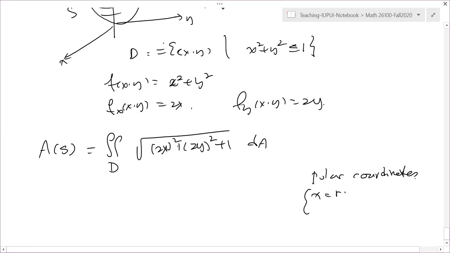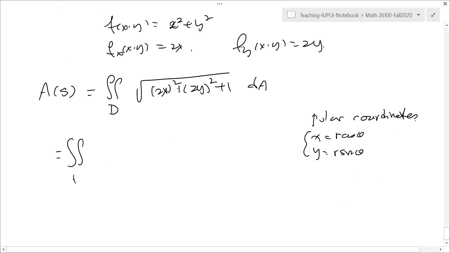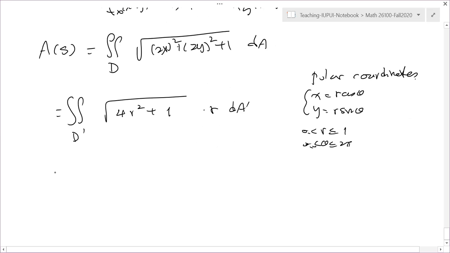So x equals r cosine theta, y equals r sine theta. So this is going to be the double integral where r is between 0 and 1, theta is between 0 and 2 pi, of the square root of 4r squared plus 1, and the extra factor is r, dr d theta.